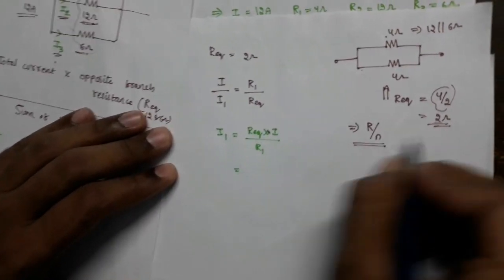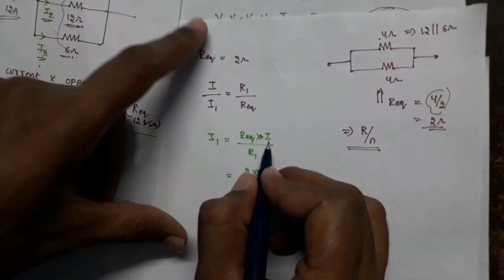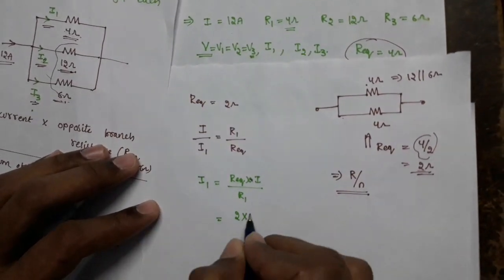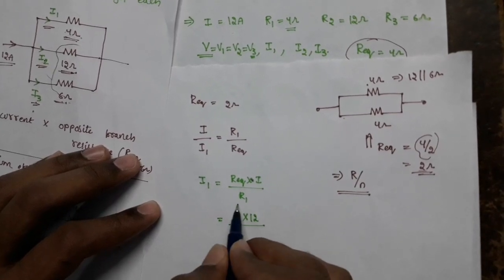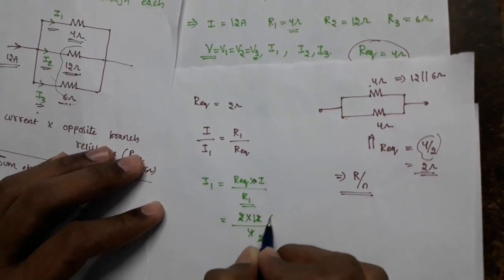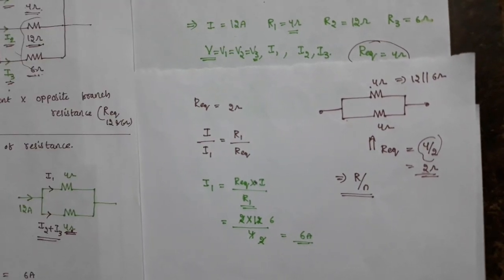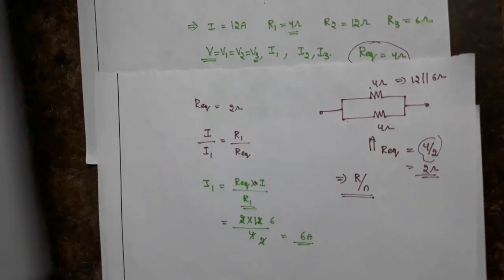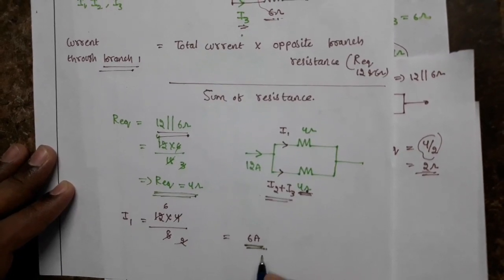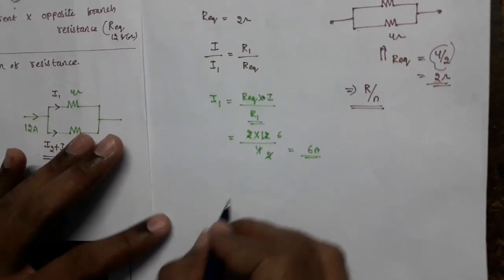We know R equivalent of 2 ohms multiplied by total current of 12 amperes, divided by R1 of 4 ohms. So I1 is 6 amperes. Here also by using current division rule we have got I1 of 6 amperes. So we can use this method for doing problems in less time.